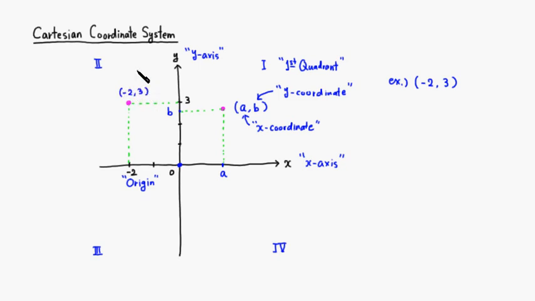As you can see, everything is nice and square, and a Cartesian coordinate system is sometimes called the rectangular coordinate system. All right, that's the coordinate system. That's it. I hope that this was clear.